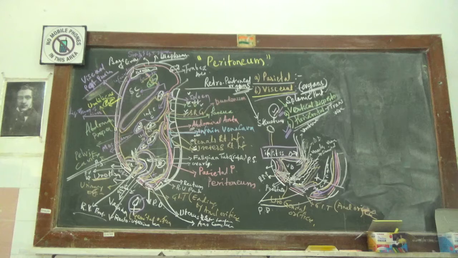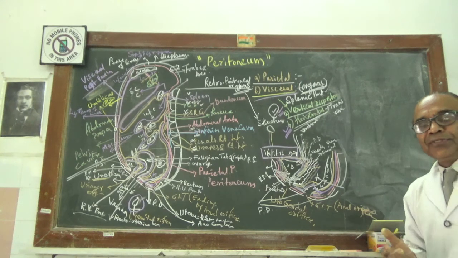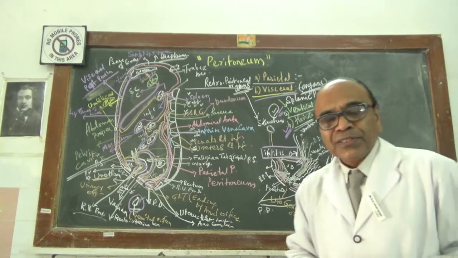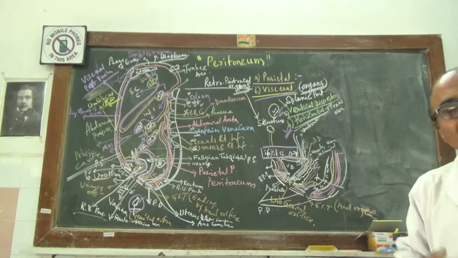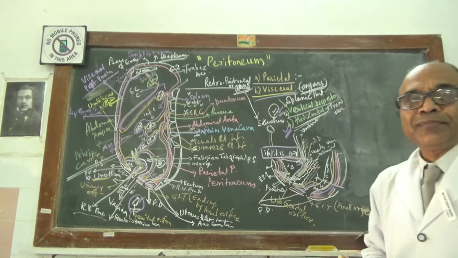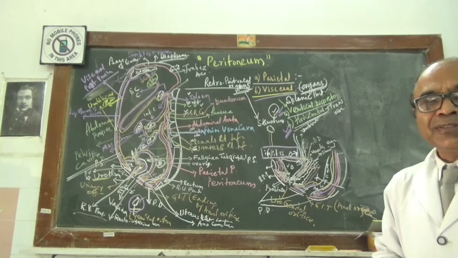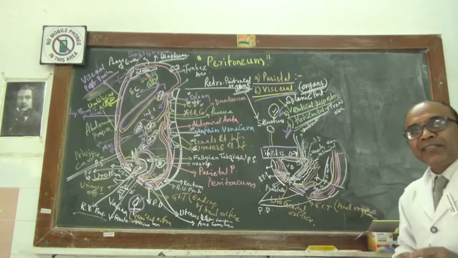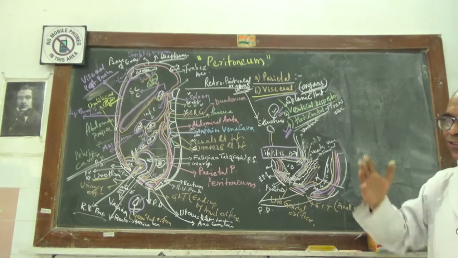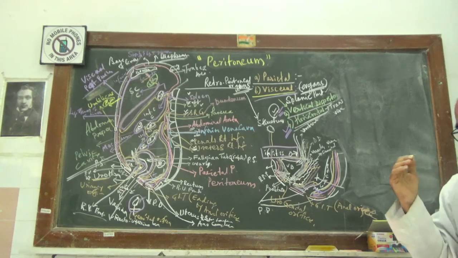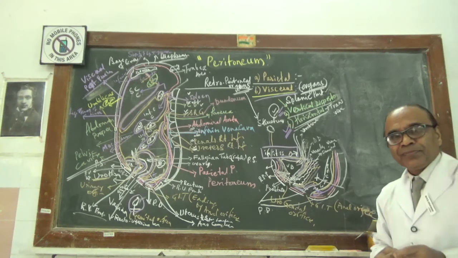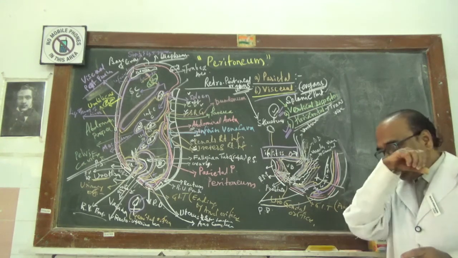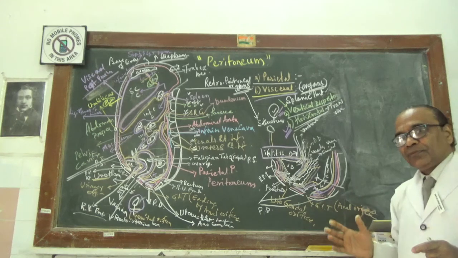That is called the peritoneal fluid. Now this peritoneal fluid in the normal state is a clear, transparent fluid, but if any disease is going on, it will get different physical properties.